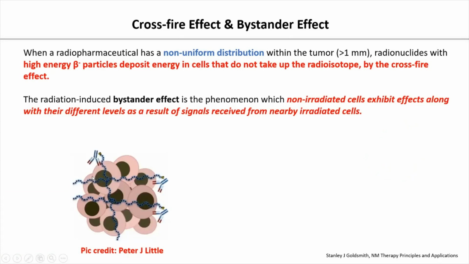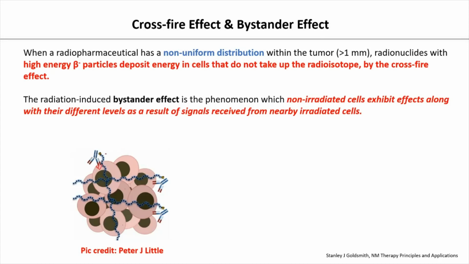So what actually happens in the case of the crossfire effect? When a radiopharmaceutical has a non-uniform distribution within the tumor, for example, you can see over here that this radiopharmaceutical has bound to this cell but not to these cells.